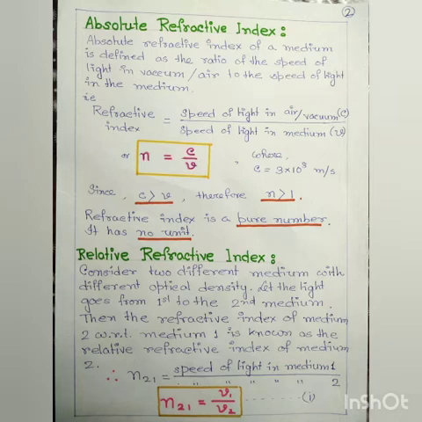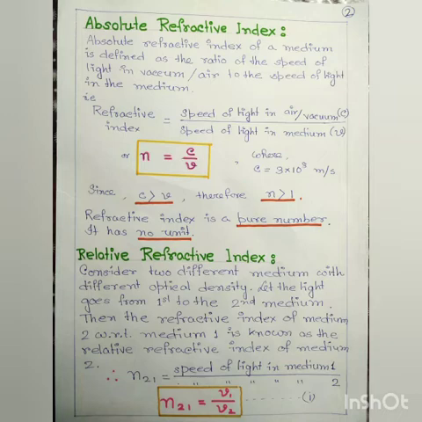Therefore, refractive index will also change. And also, according to Snell's law, refractive index n equals sin i by sin r, means if i is constant, then also r will depend on the denominator term, that is on v. Clear? So v is directly related to sin r.